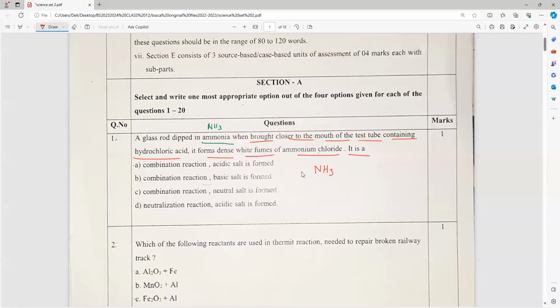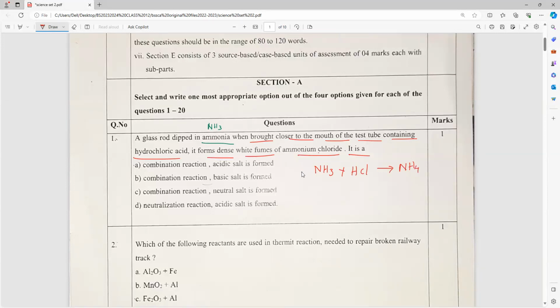Can you tell me the equation first? Ammonia reacting with hydrochloric acid, HCl. So we are going to get something. What are the products? They have already given it: ammonium chloride.